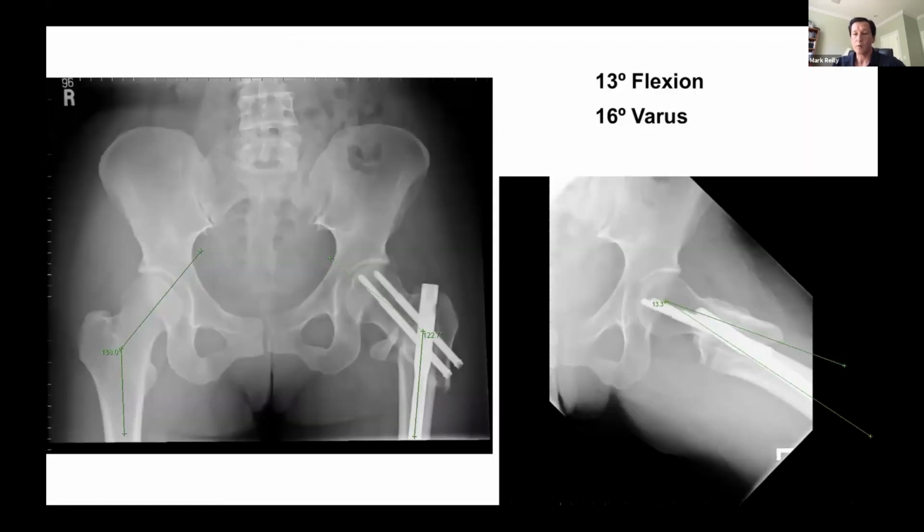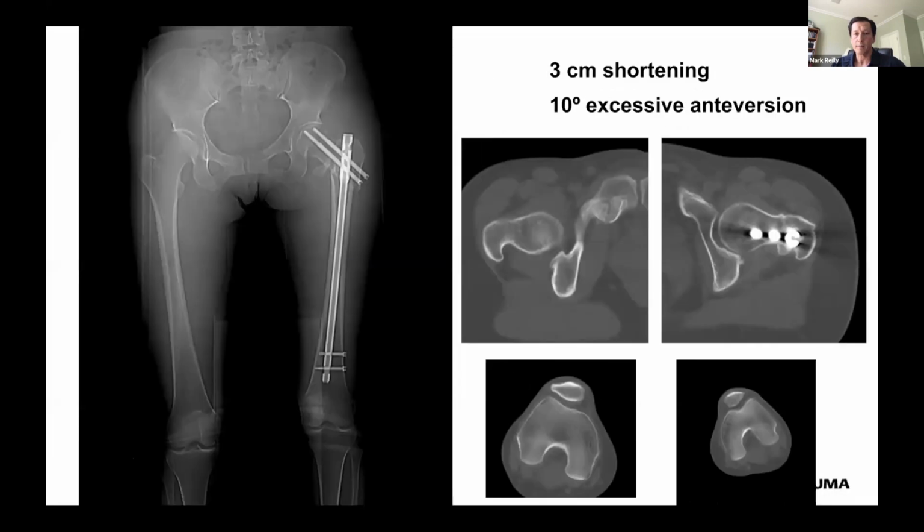So we need to quantify and understand our deformity, right? And so got about 13 degrees of flexion on the lateral view and 16 degrees of varus. And so my thought was she's about 3 centimeters short, excuse me. And she's around 10 degrees of excessive anteversion.